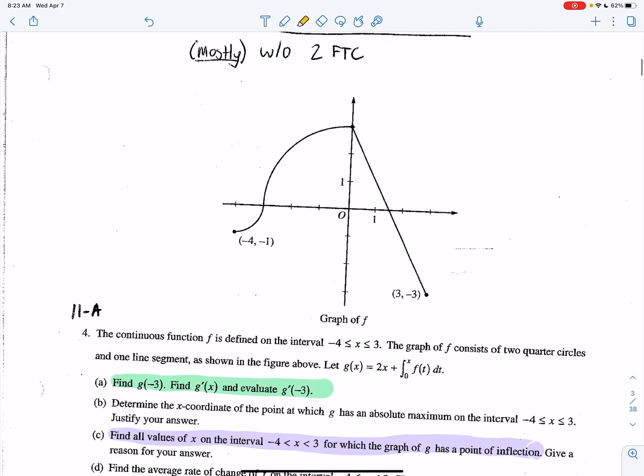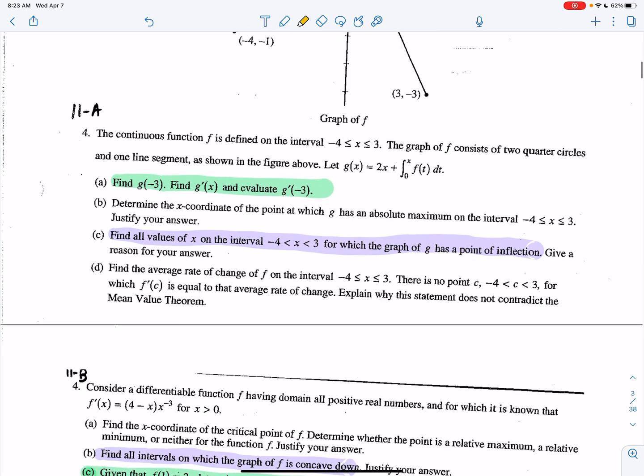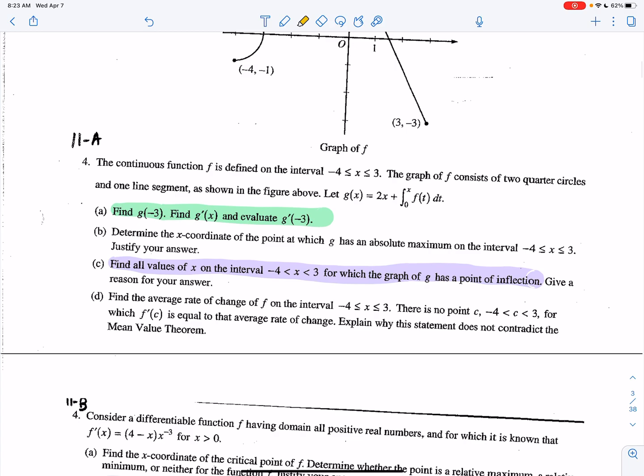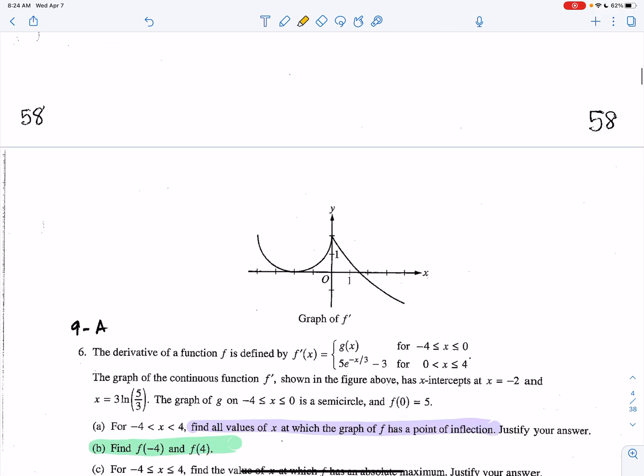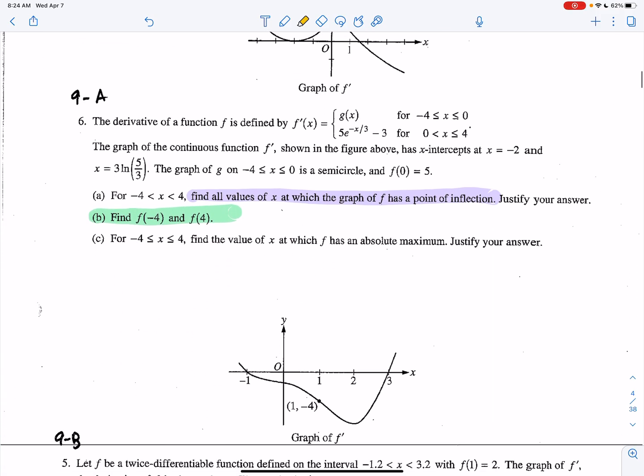Anything in regards to a max or a min, or an absolute, or a global, or local, or relative. Here we go. 2011, part B, absolute max. Relative max, relative min in 2011B. Absolute max in 2009.